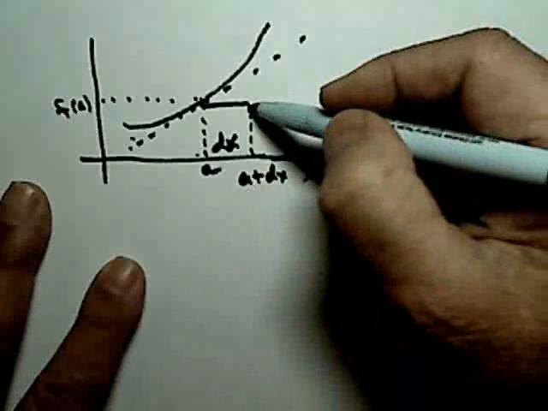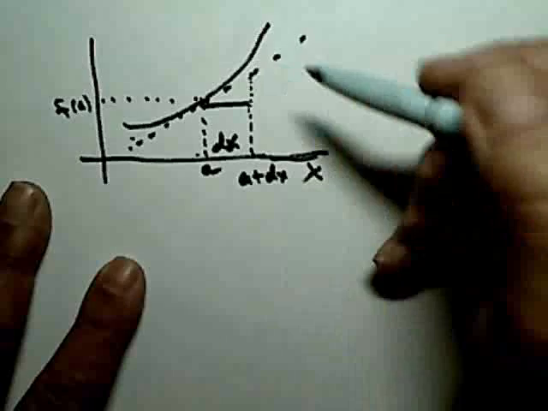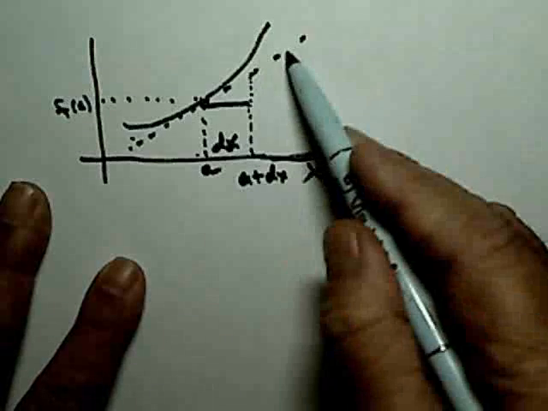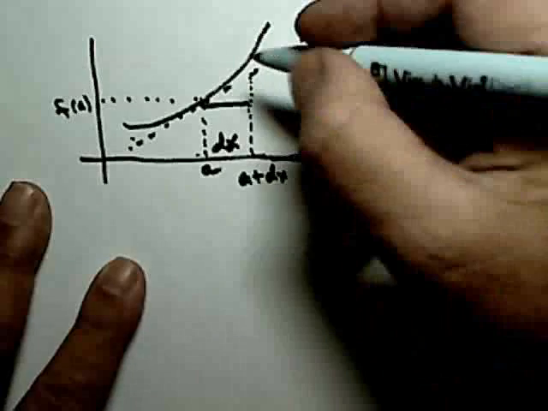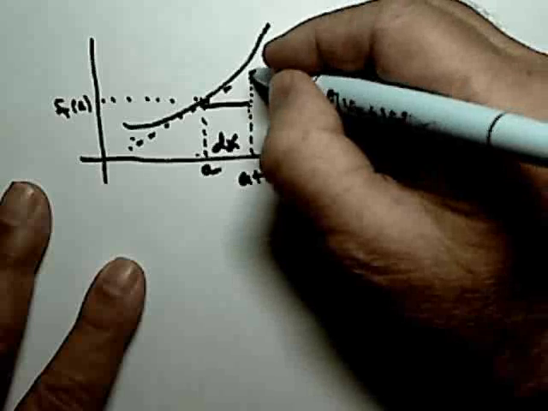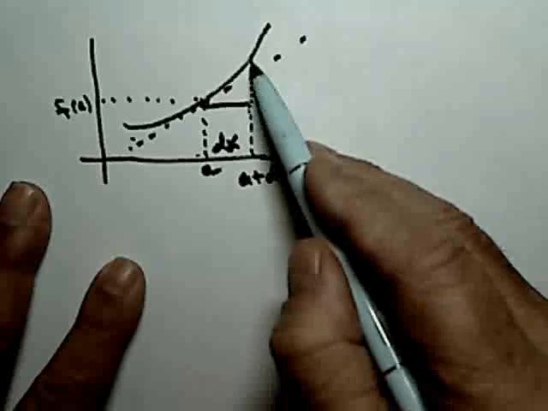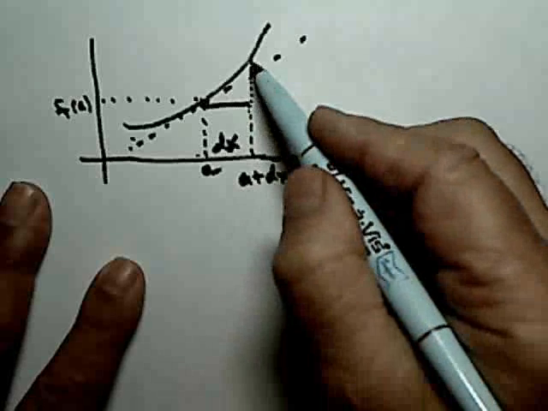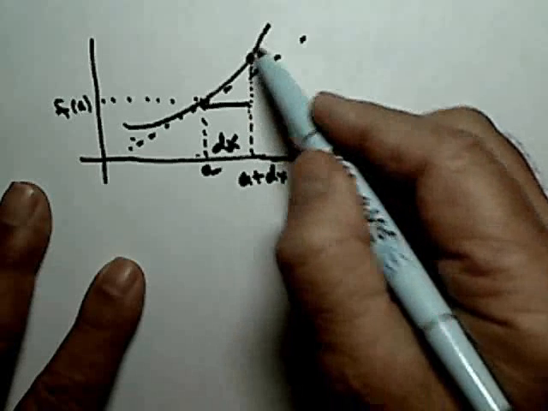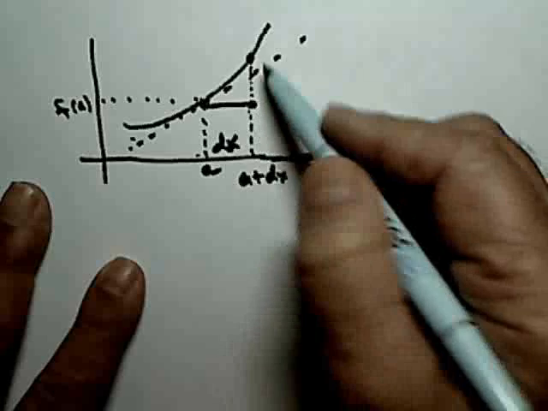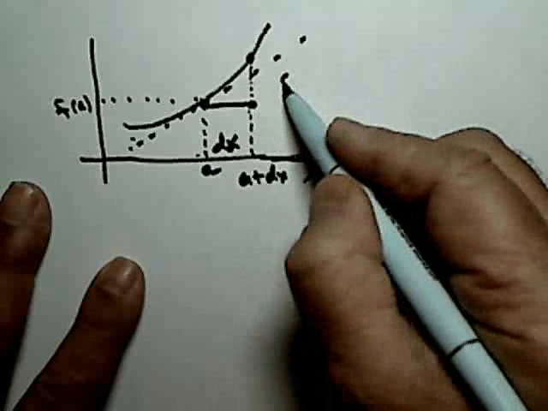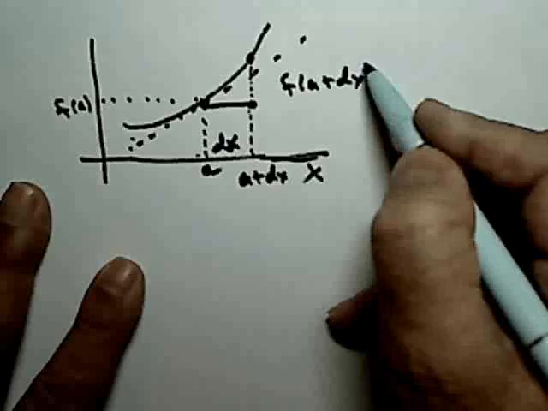And then if you come up here, this would be the rise of the tangent line, and that's almost the same as the rise of the function. They're very close to each other. And so we're going to actually then consider this as the rise, and this would be f of A plus dx.